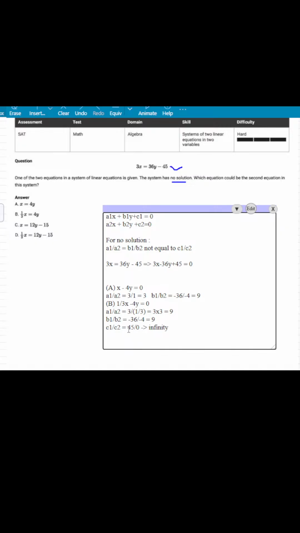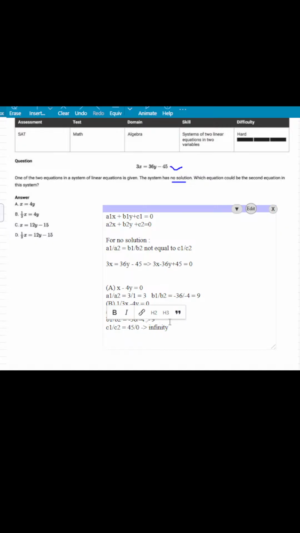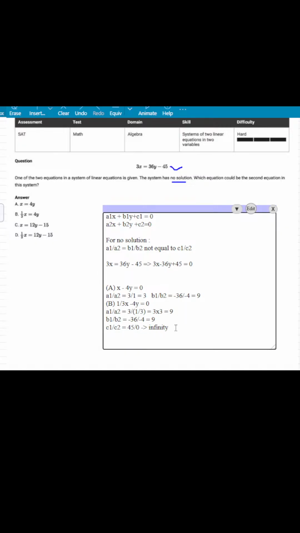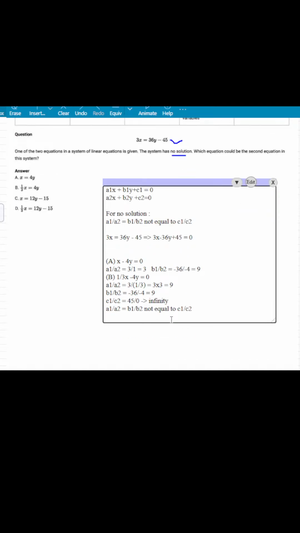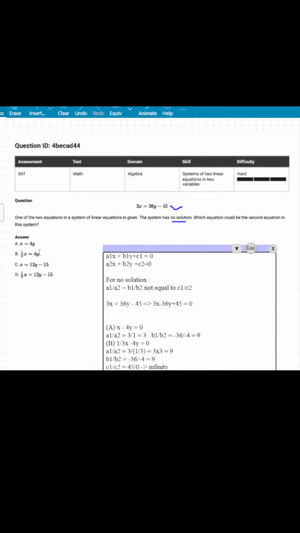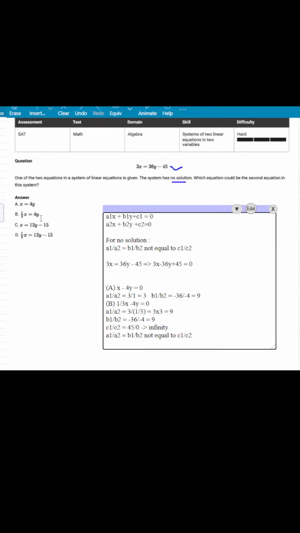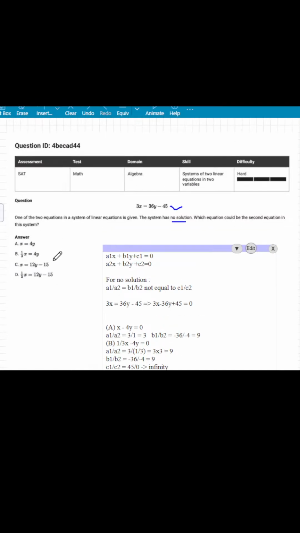So this is clearly different from a1 by a2 and b1 by b2. So the condition holds. We can safely say that B is the correct answer, because if B is paired with this equation, then the system will have no solution. So this will be our correct answer.